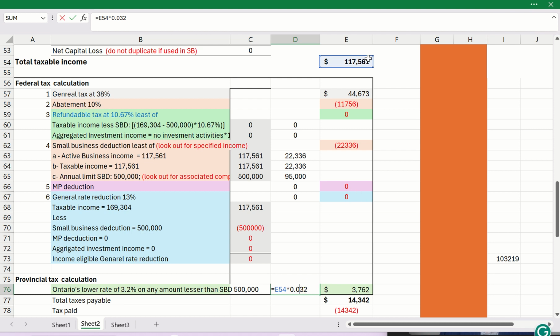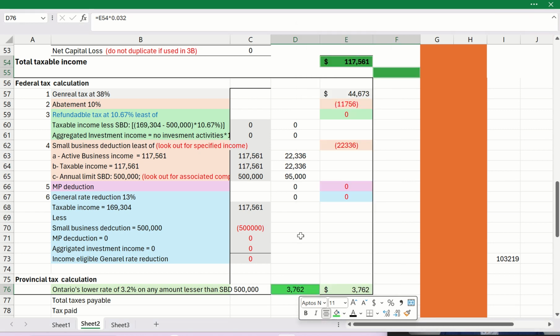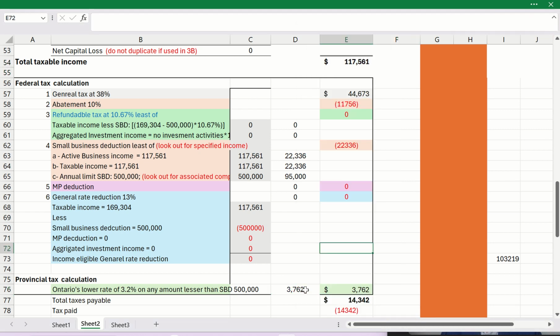I'm going to highlight the cell so you can see it over there. If we add this up over here, the total tax payable would be $14,342.